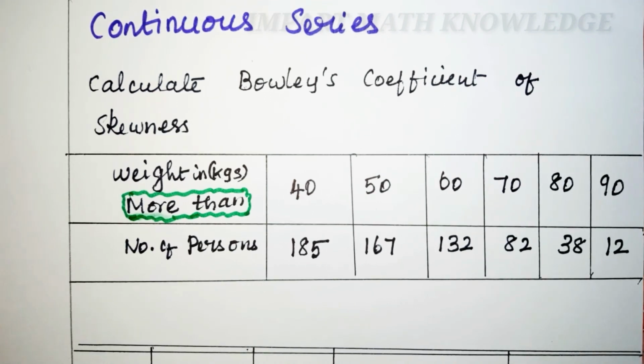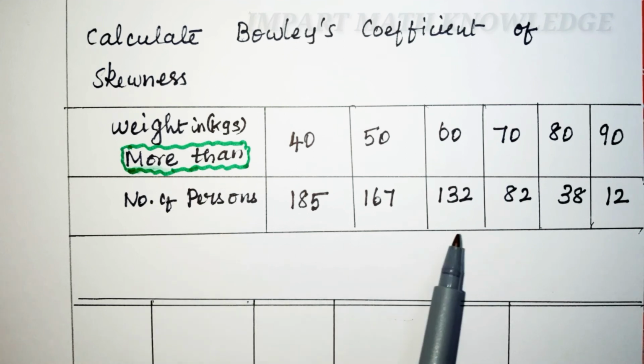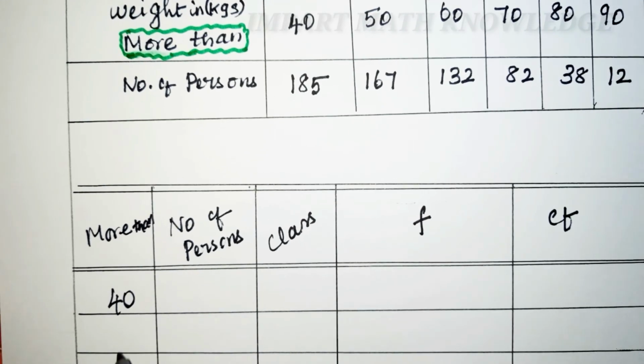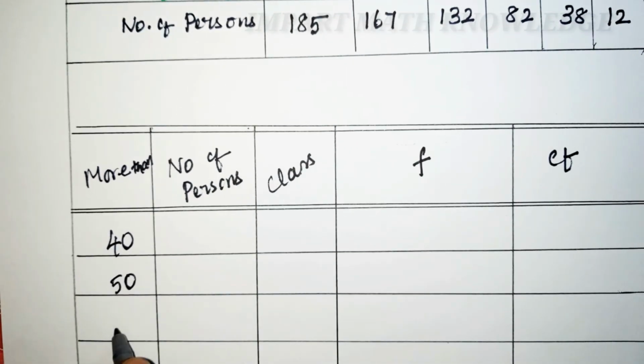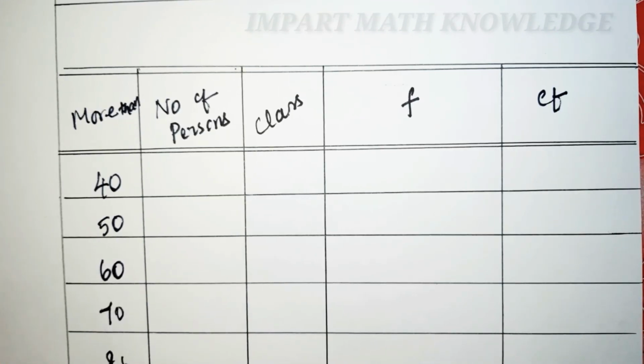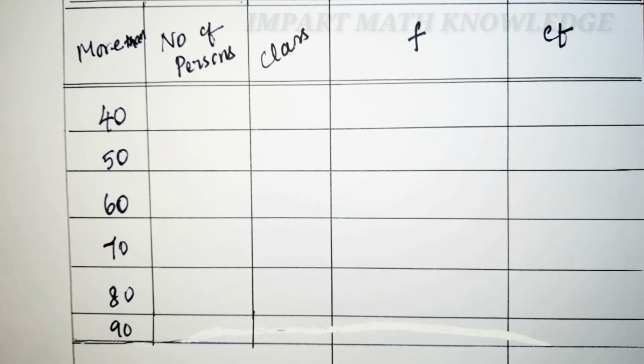For finding quartiles and median, we have to find the cumulative frequency first. Weight in kg "more than" is given, and the number of persons is also given. We have to find the frequency first. More than values are 40, 50, 60, 70, 80 and 90.